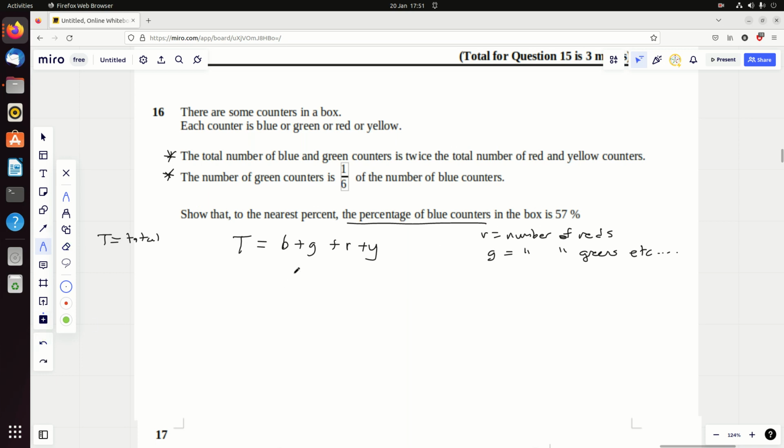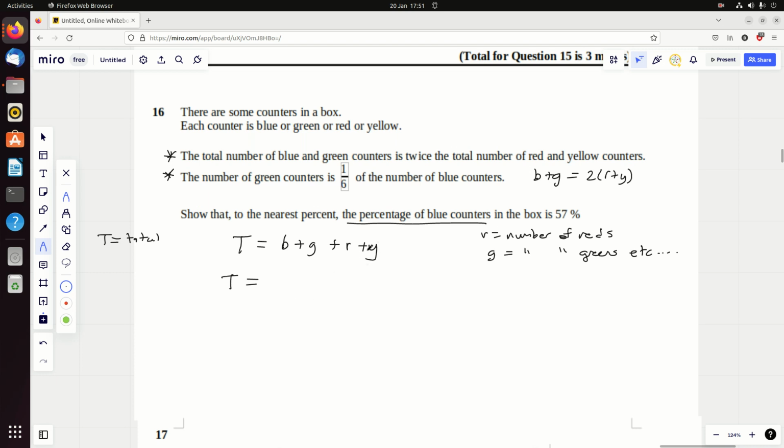Now, really, I need to boil this all down to one variable. So what's the total? Well, B plus G, we've got over here, and if you wrote this down somewhere, you would have got some credit. Blue and green is double the number of red and yellow. So if you like, B plus G is double red plus yellow.